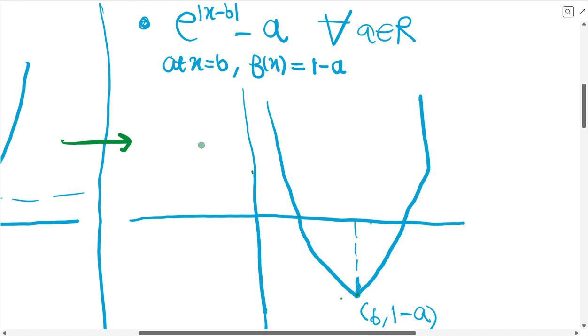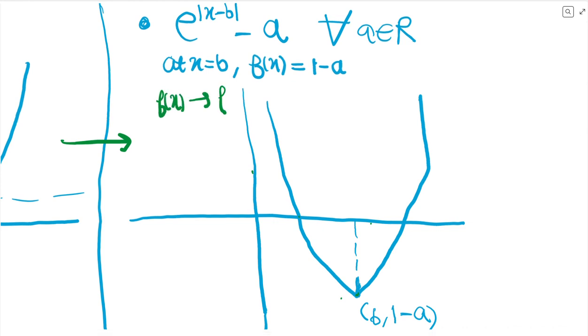Okay, so now we are applying the transformation where f(x) transforms to f(x) - a, some constant a. Whenever we apply an external operator to the function, depending on the operator type, the function is going to go up in case of a positive sign and down in case of a negative sign.